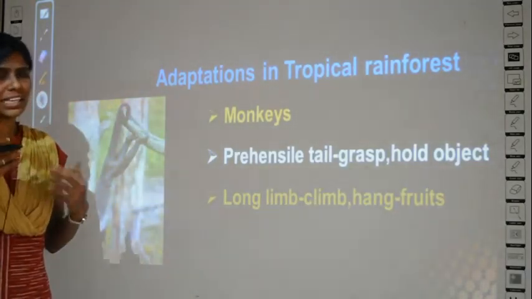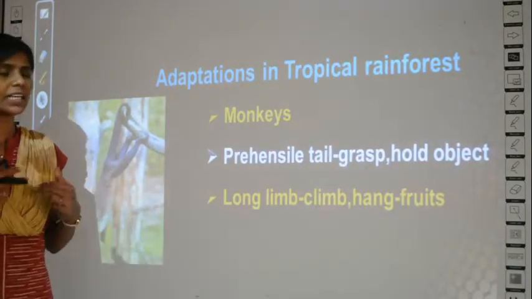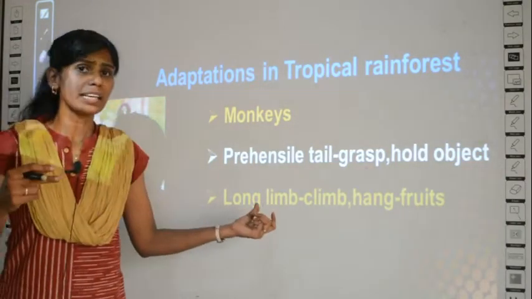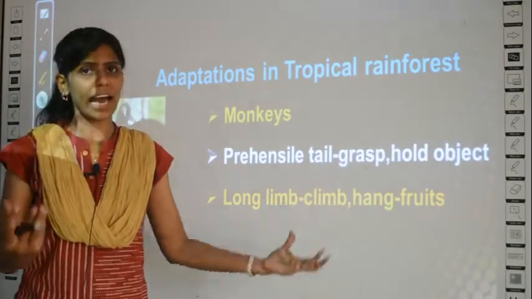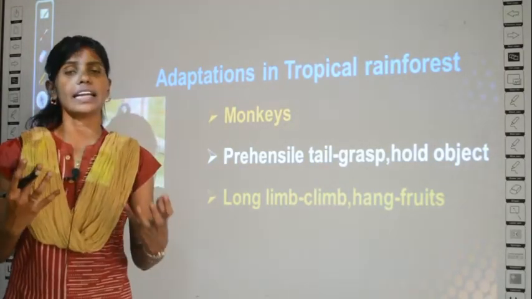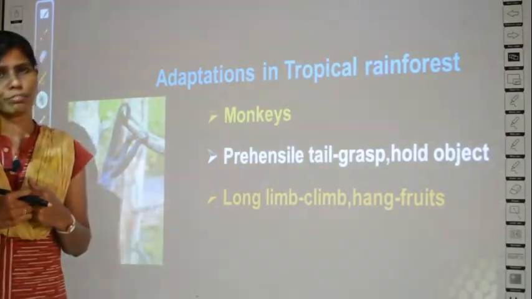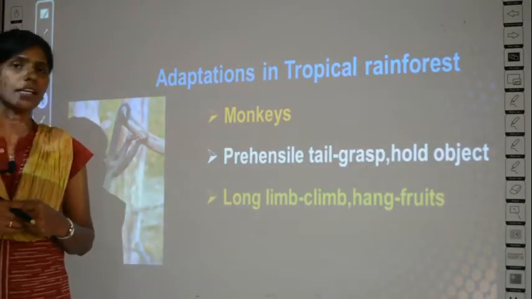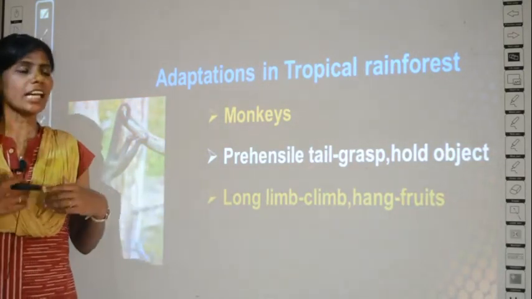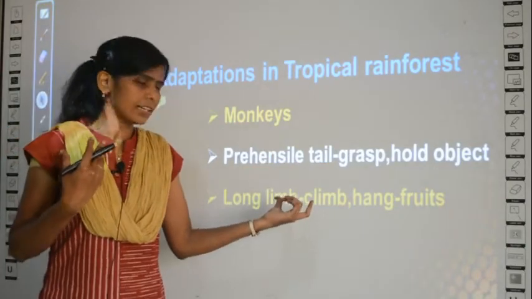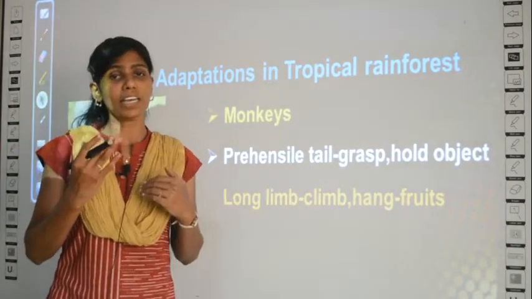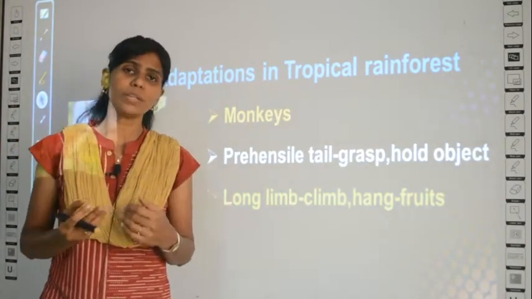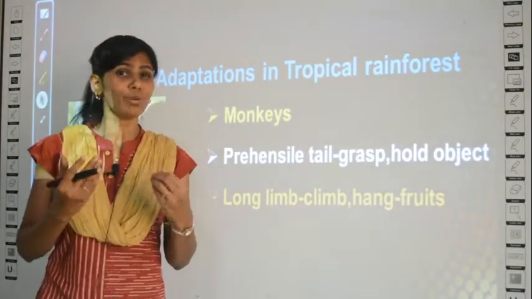And their long limbs are a special adaptation. It's the second adaptation. With long limbs, they can climb or hang so that they can get the food. What is the food for the monkeys? The fruits, right? So with the help of the prehensile tail and the long limbs, they can climb, hang and move about easily and also get their fruits easily.